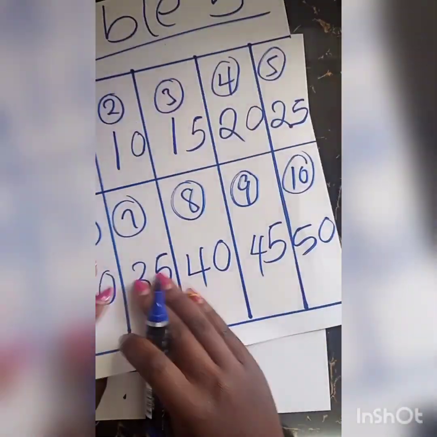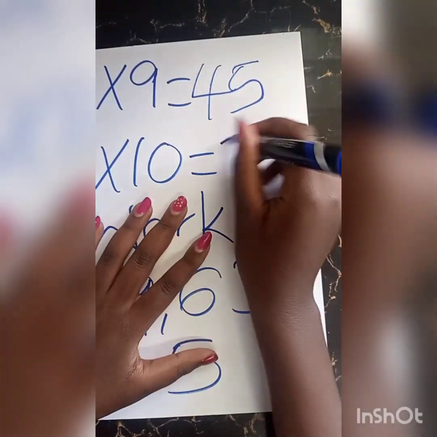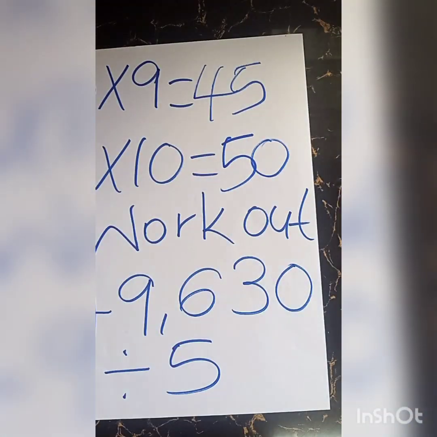And 5 times 10 is 50. Are we together? And that's all for table 5.